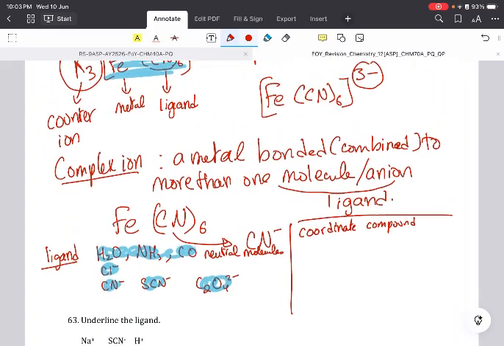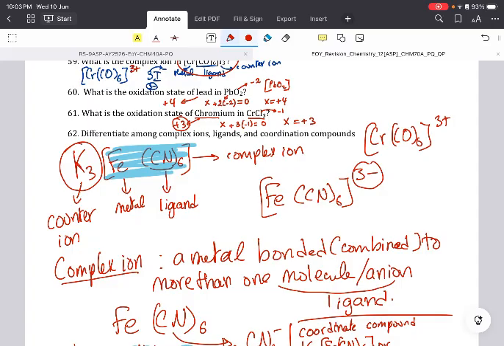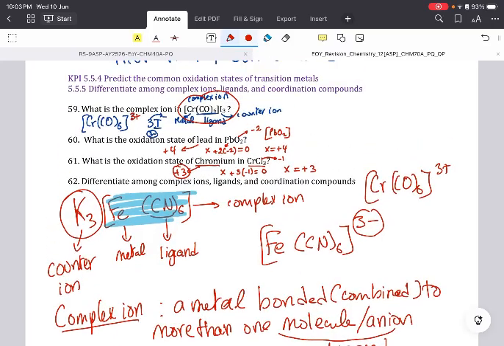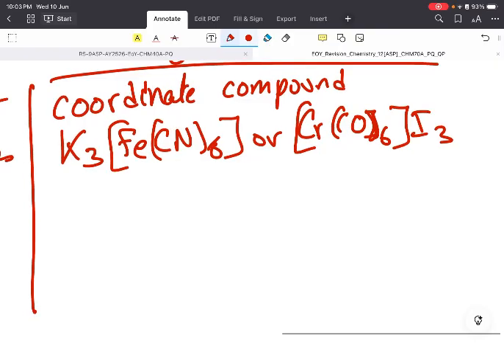Like in this example, the coordinate compound is K3Fe(CN)6. Or another example, the one that was given here, Cr(CO)6. These are two examples of coordinate compounds.